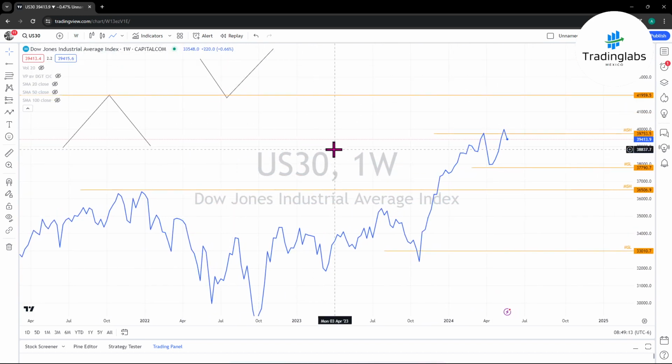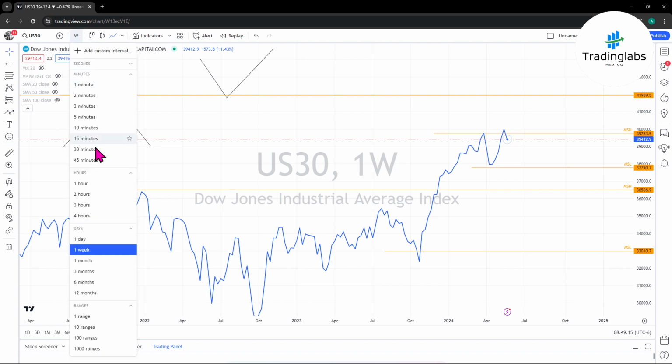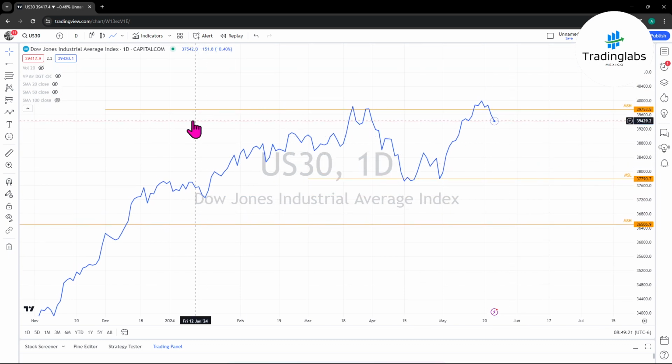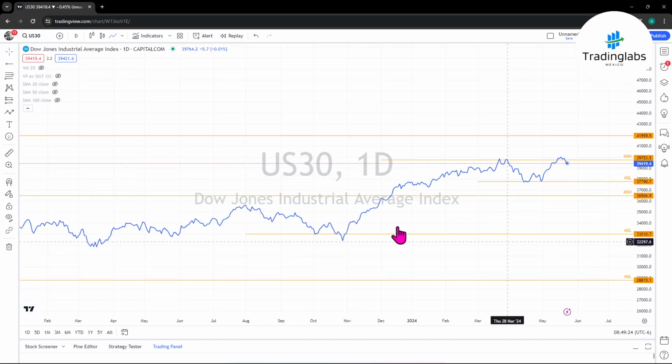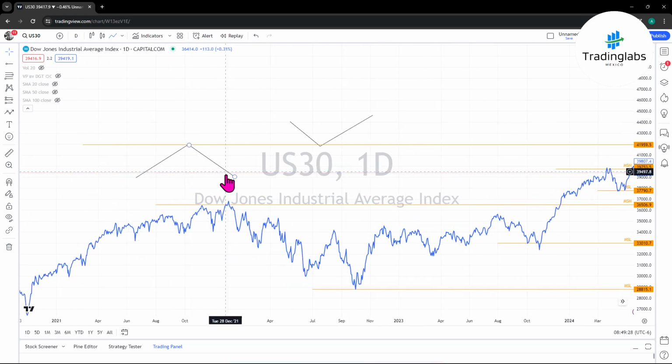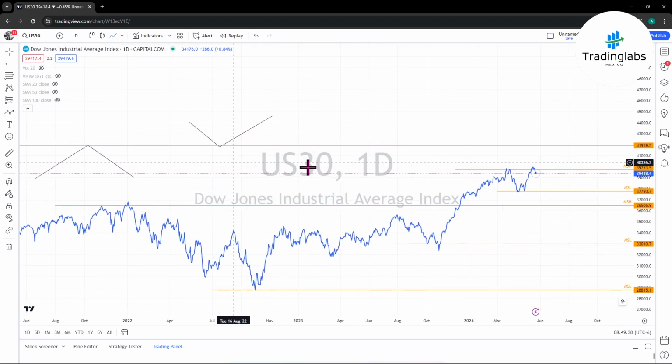So for example, let's go to the daily time frame. In the line chart we want to find something like this.